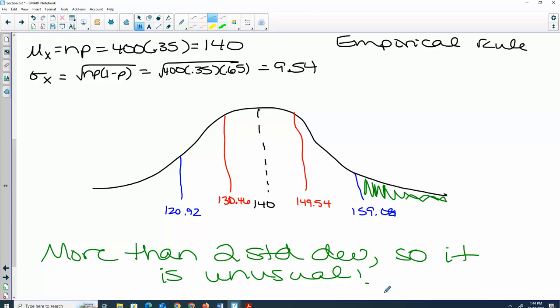So I couldn't just use my normal binomial formula because my sample got too big. So this is what we can do in that case. Alright, any questions there? We have the rest of the time to work on that pattern.